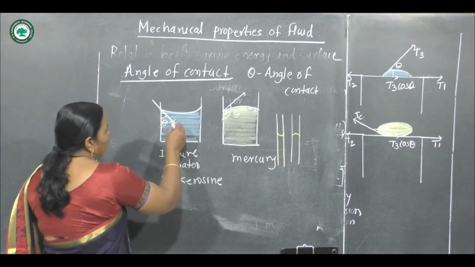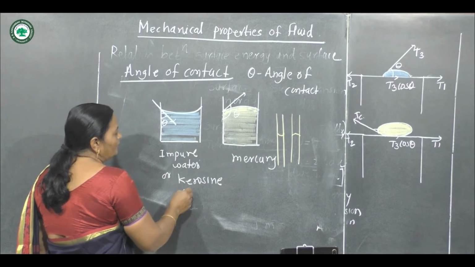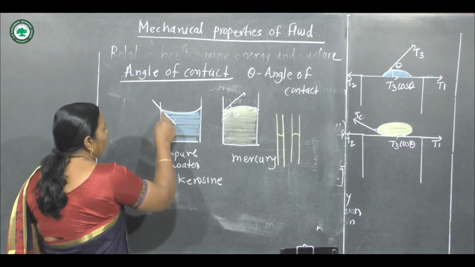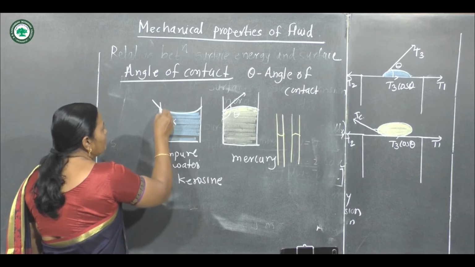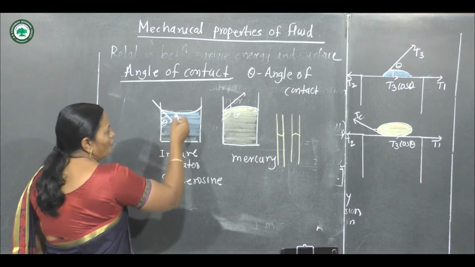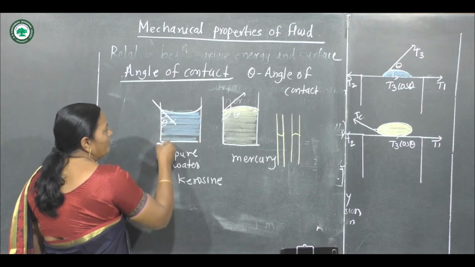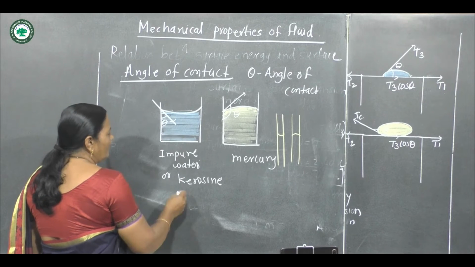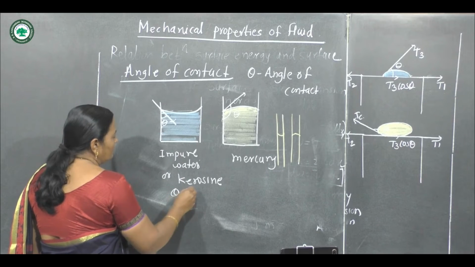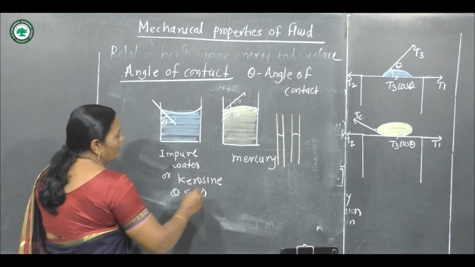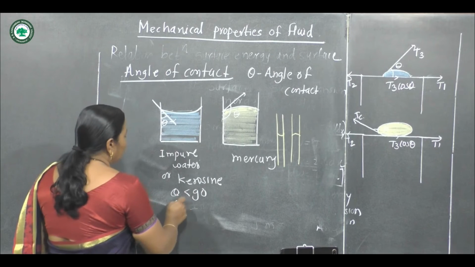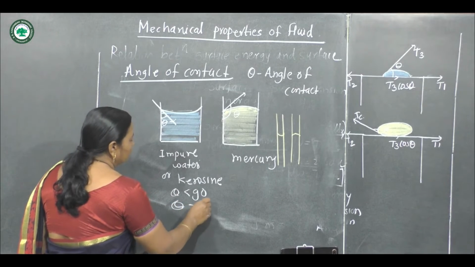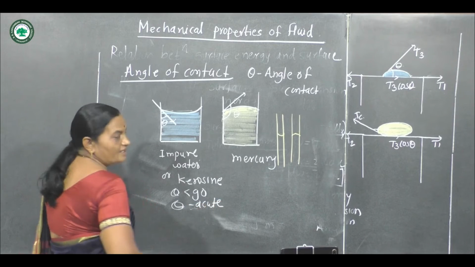Now see, suppose we consider impure water or kerosene. Suppose this is the normal, this angle is 90 here and this angle theta is less than 90. Then we can say that theta is acute.